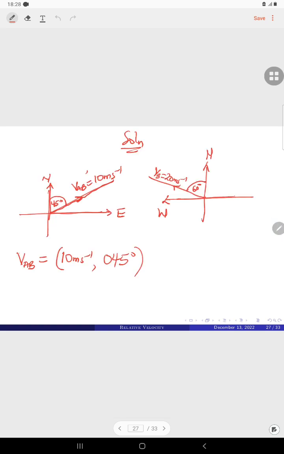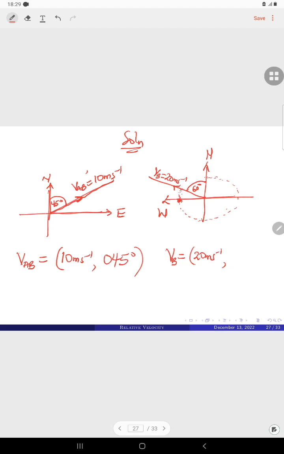So let's see. What will be the direction? We are looking for the whole of this, from the north in clockwise direction to this. This angle is what we are looking for. And what angle is that? We know that from the north to this place is 270. So what is this small angle?